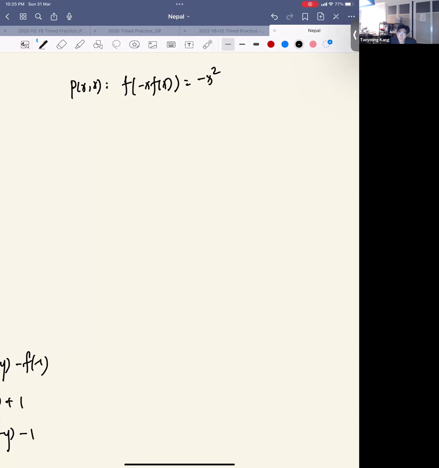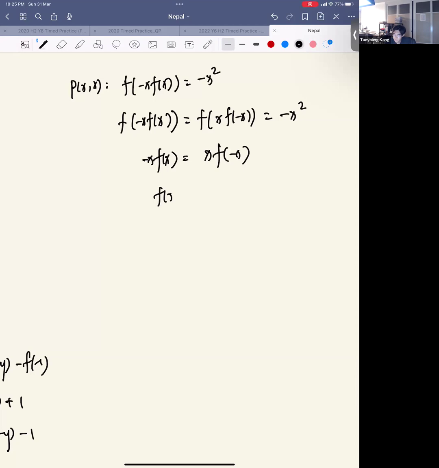And then f(-x f(x)) is equal to f(x f(-x)), which is equal to -x squared, right? By simply substituting x equals -x. So this gives us that -x f(x) is equal to x f(-x), correct?